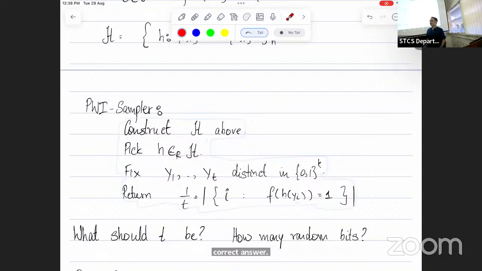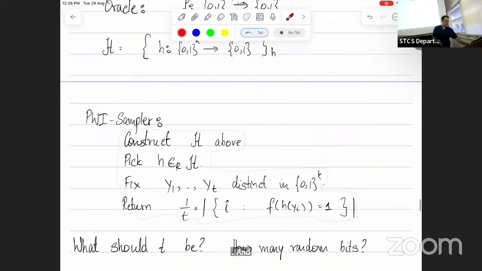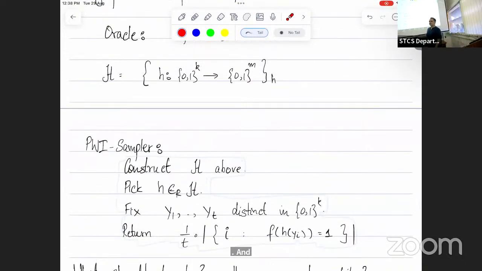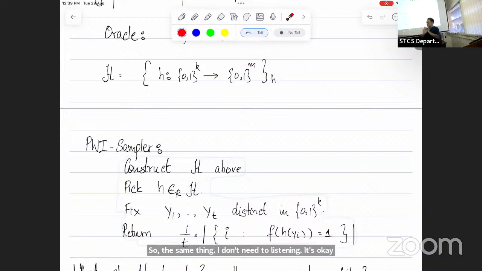That's what I want. Depending on some calculation I will have to do, it will tell me that t has to be at least something, and that t will indicate what my K is supposed to be. I just need t distinct things. So think of K as log t. If you need t samples, think of K as log of that.